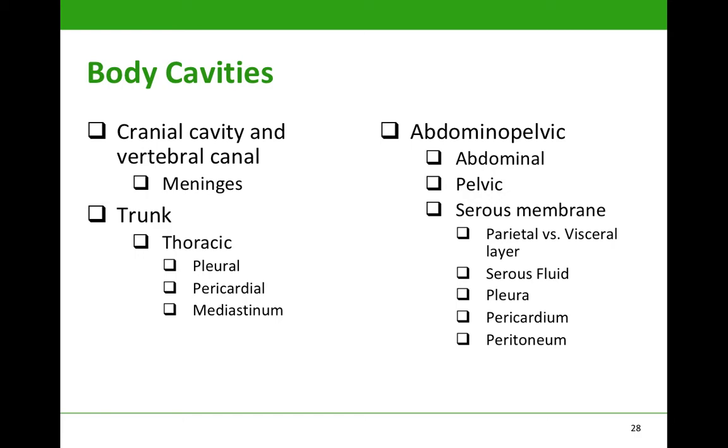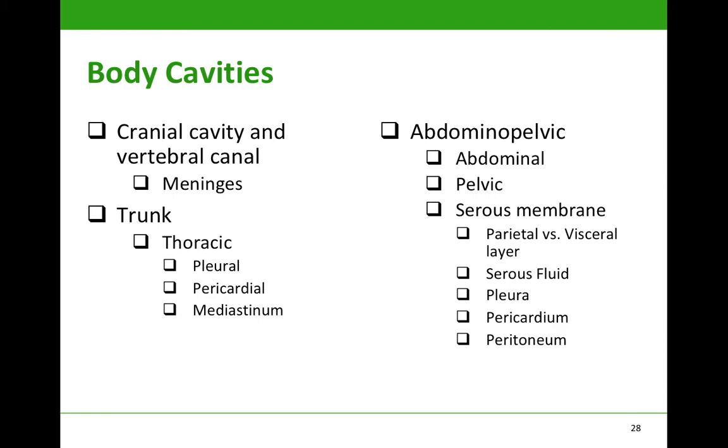The serous membrane will include pleura, pericardium, and peritoneum. So in the pleural membrane that surrounds the lungs, you'll have visceral pleura that will actually touch the surface of the lungs, and then the parietal pleura that lines the chest wall. And in there you'll have a little fluid. And then next you have the serous membrane of the pericardial cavity, which we refer to as the pericardium.